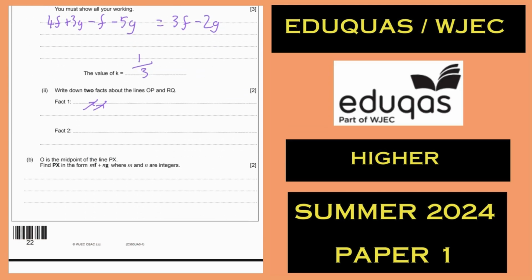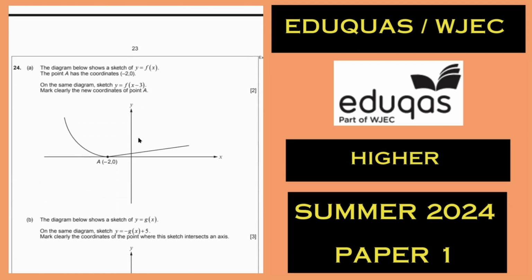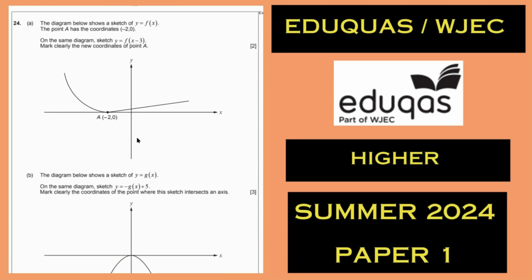So the 9F becomes negative 18F, and the minus 6G becomes positive 12G. 1 mark for each bit, just that bit of logic really, more than any complicated workings out.